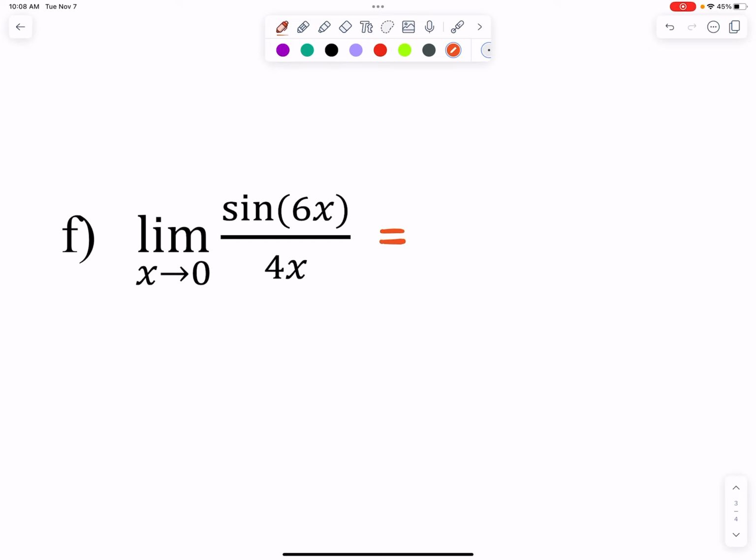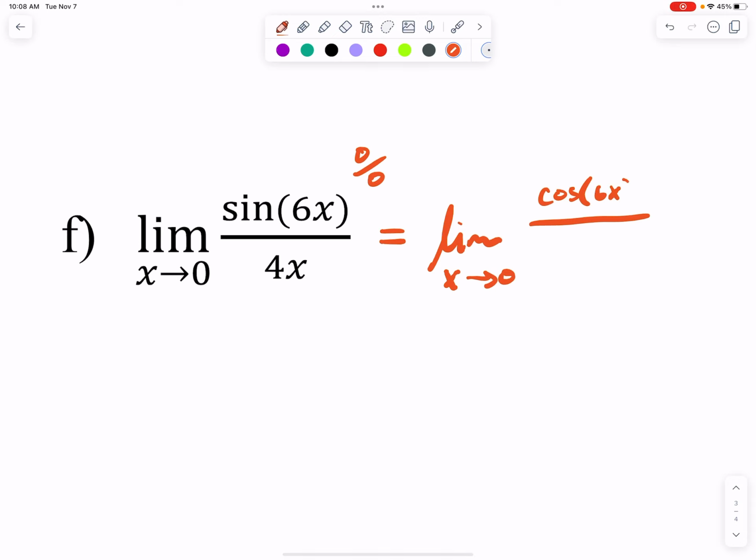But here, if you recognize that you'd run into 0 over 0, applying L'Hopital, so derivative of sine of 6x would be cosine 6x times 6. And then derivative of 4x would be 4. So now using direct substitution, cosine of 0 is 1. So this just ends up being 3/2.